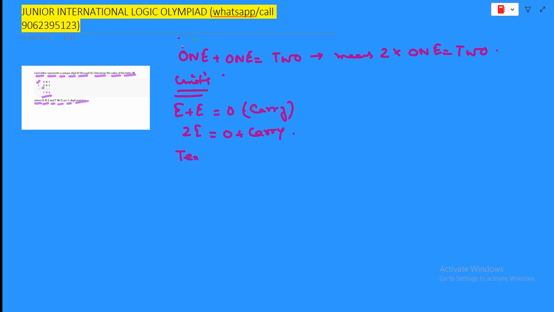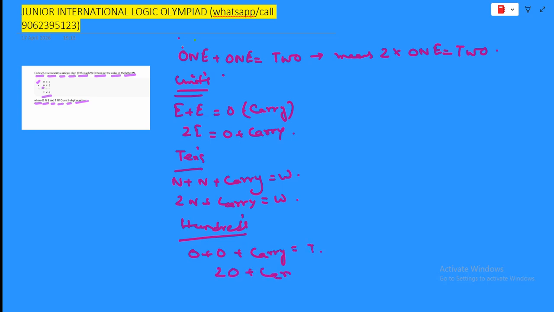If I talk about the tens column, then N plus N plus carry is W, so 2N plus carry is W, plus maybe another carry. Now, hundreds. O plus O plus carry is T, so 2O plus carry is T.